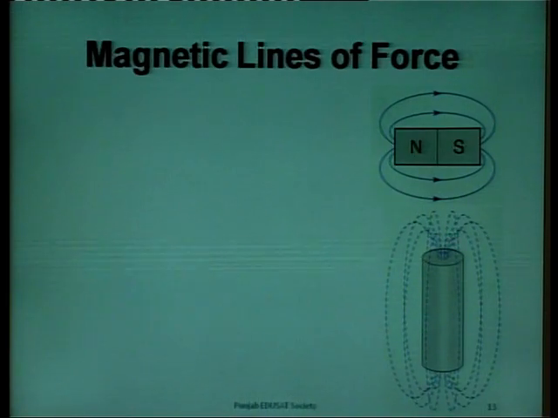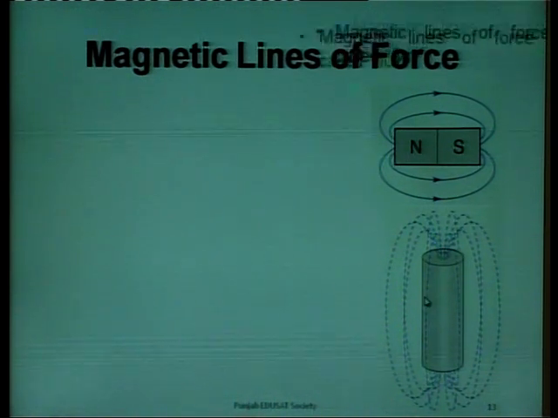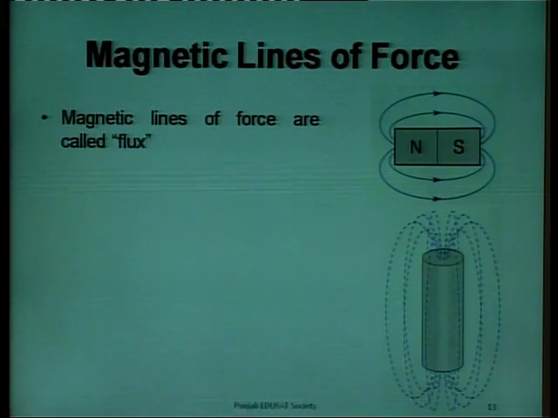If we take a compass and draw the magnetic lines of force, we will get the lines like this. It is shown in this diagram, and again in this diagram. The magnetic lines of force are called flux.